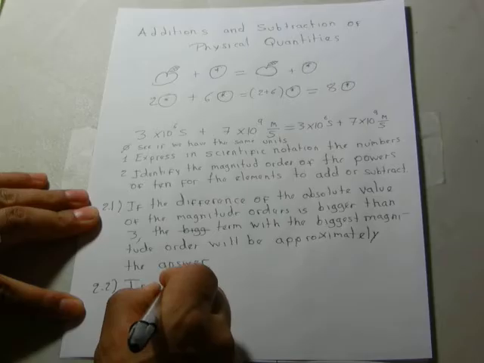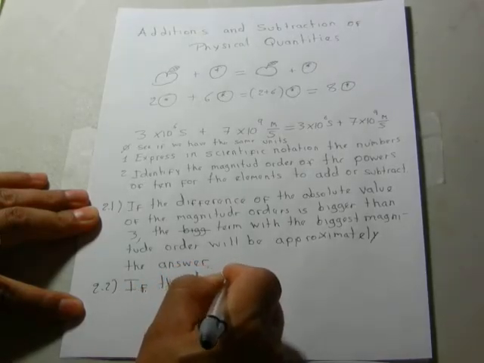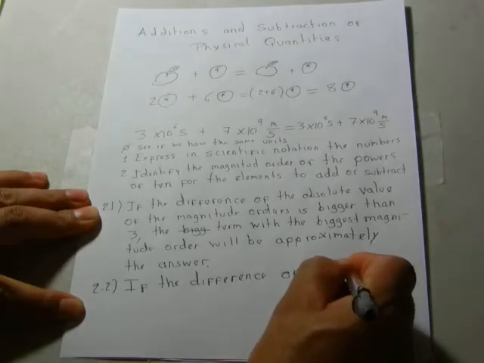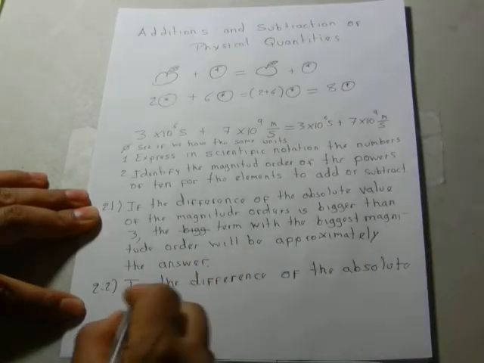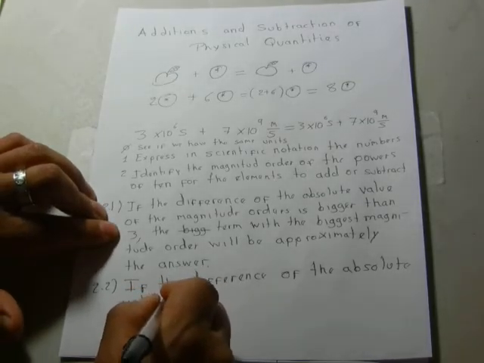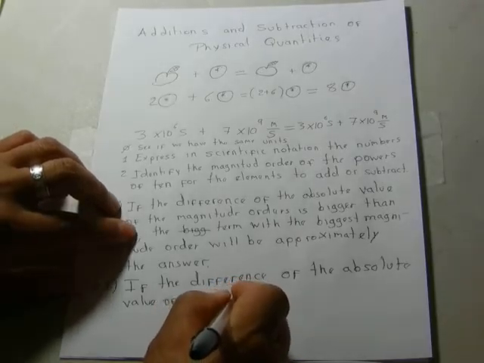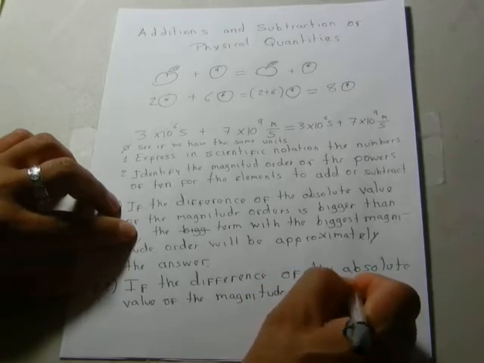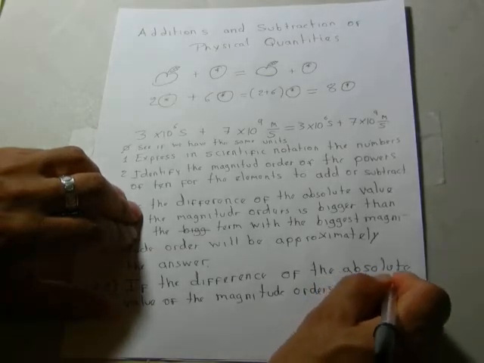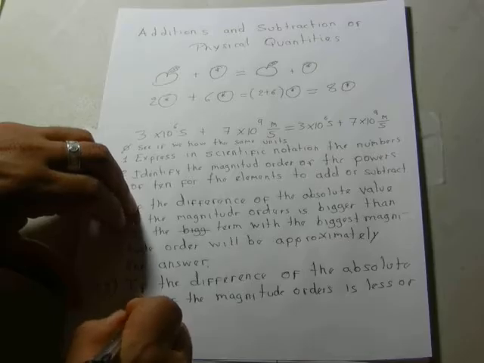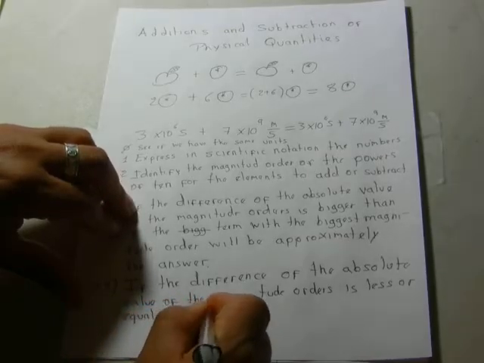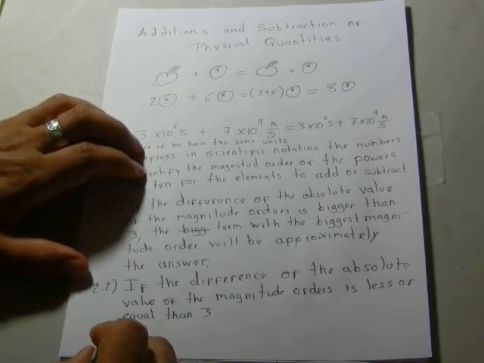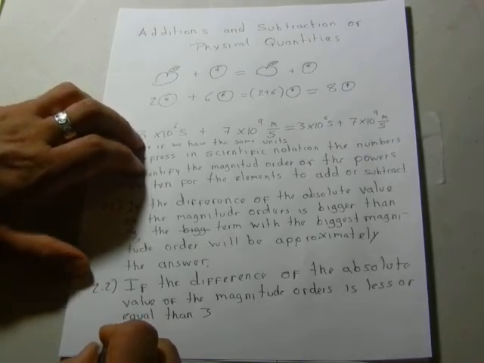If the difference of the absolute value of the magnitude orders is less or equal than 3, so let's call it step 2.2.1.